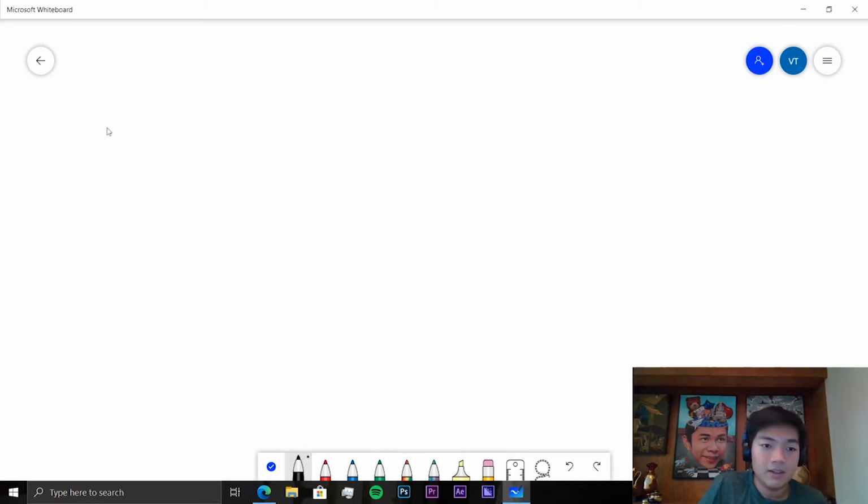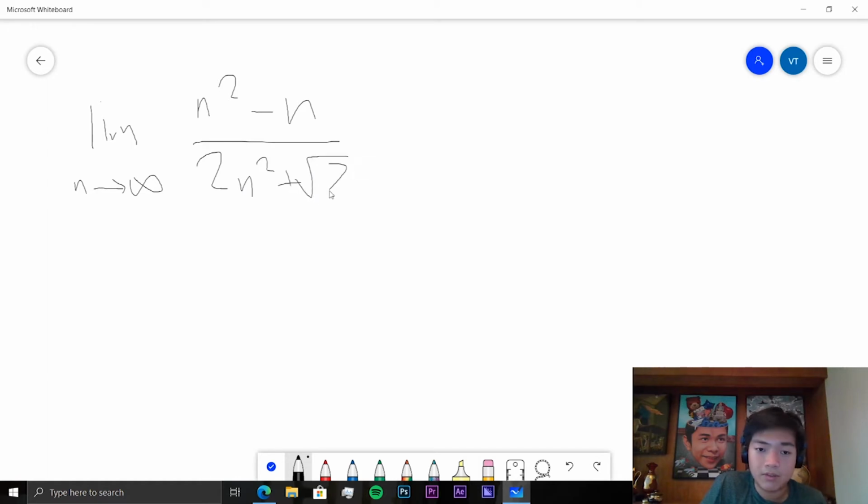We have the limit as n approaches infinity of n squared minus n over 2n squared plus the square root of n. So does the sequence converge or diverge?